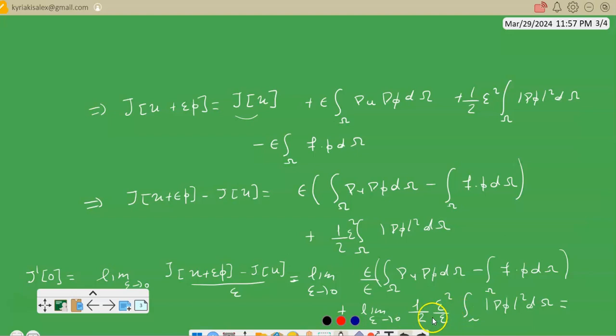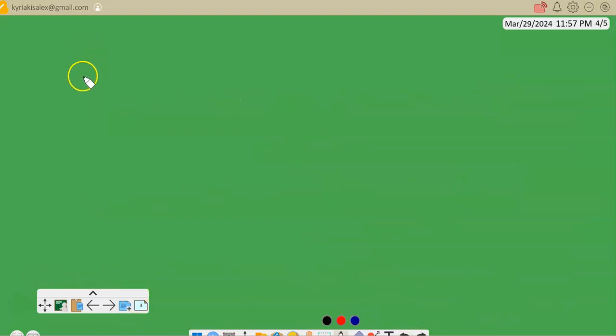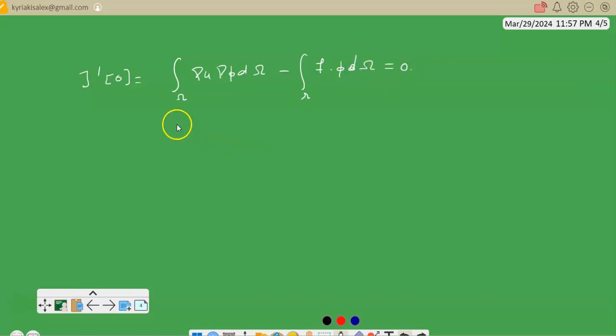This goes to 0, so this term vanishes, and I only end up with J prime of u at 0 equals the integral over omega grad u grad phi d omega minus the integral over omega f times phi d omega equal to 0.